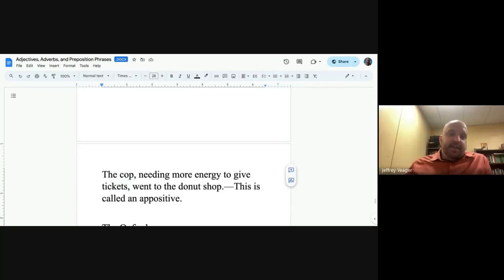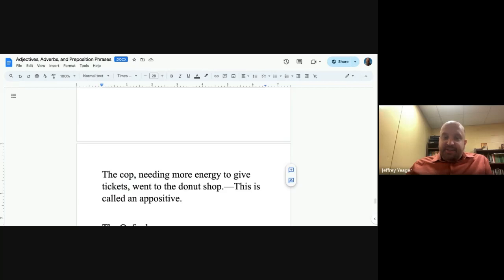And that's called an appositive whenever you have something in the middle of a sentence and you have commas surrounding it. An appositive is a phrase that you have in the middle of a sentence, and the only purpose of it is to give extra information to the reader.